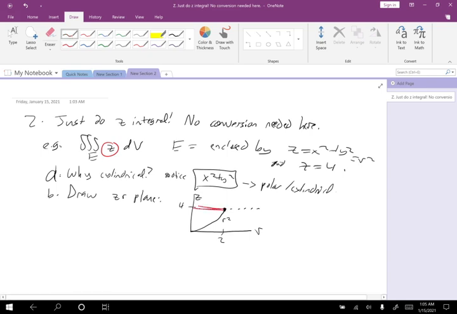And we see that we can represent this as a graph of z as a function of x and y. So that means we can use it as our inner integral. That is to say, using Fubini, we can now replace this integral over E with an integral over the base times the z range.